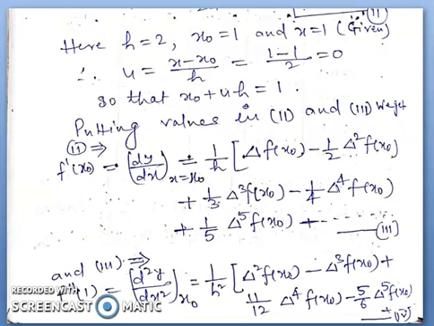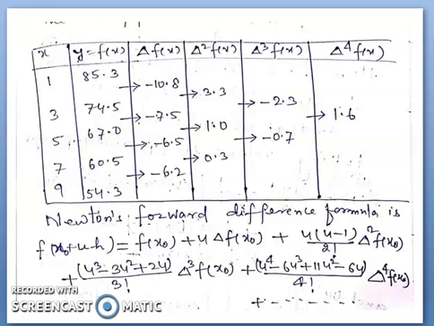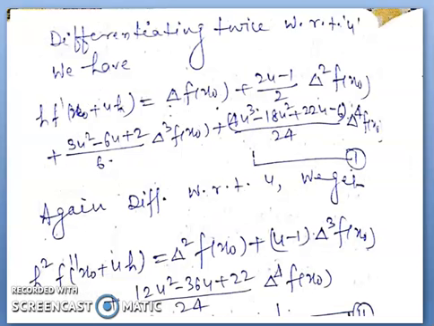numerical solutions. So again I repeat the process. First we take Newton's forward difference formula, and then differentiate with respect to u, and again with respect to u, and we get the first and second derivatives.